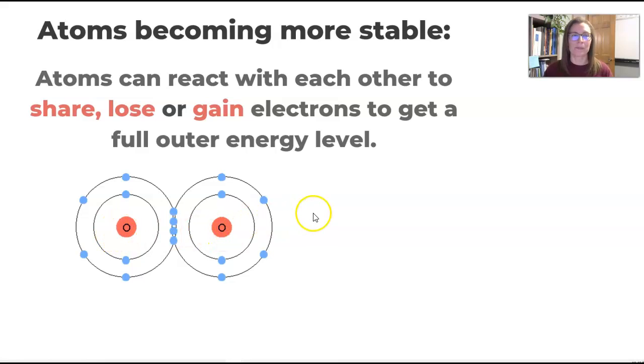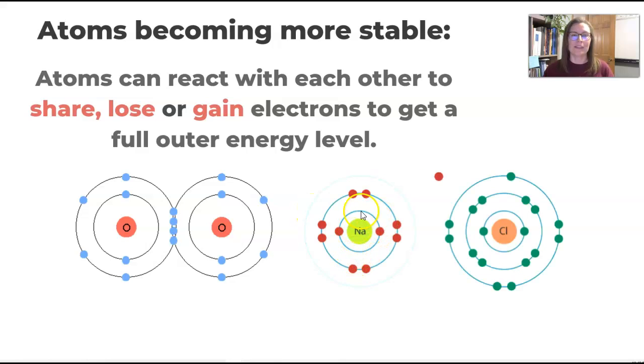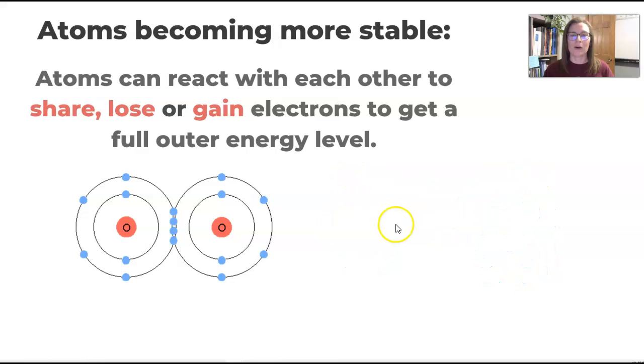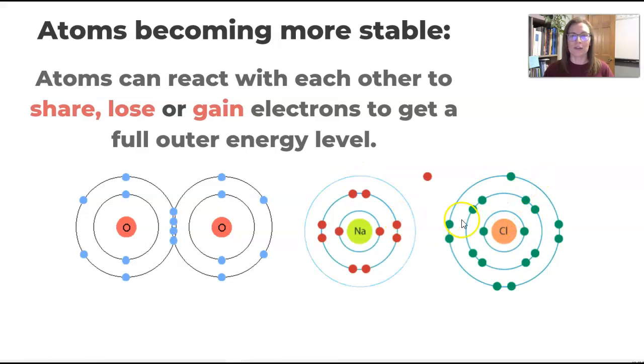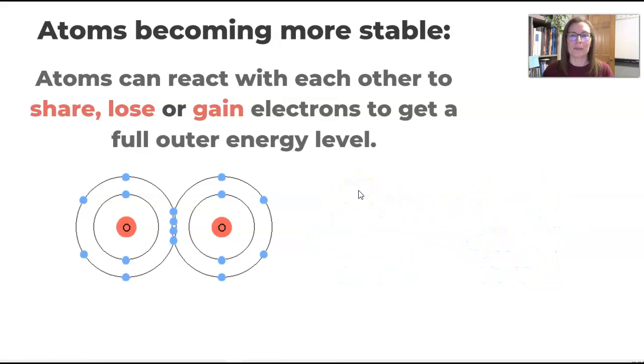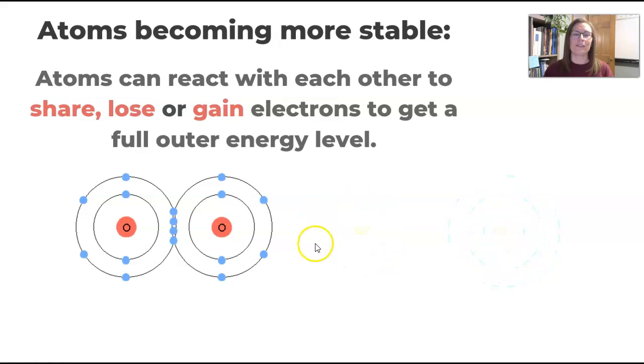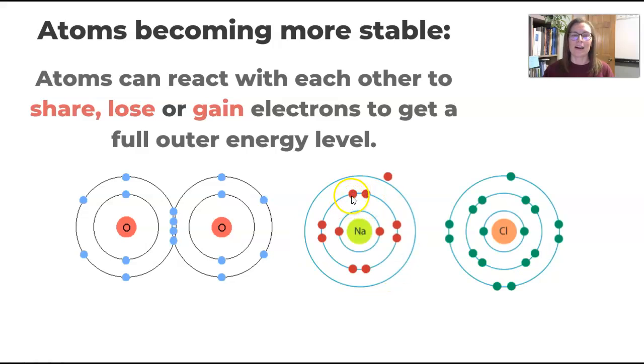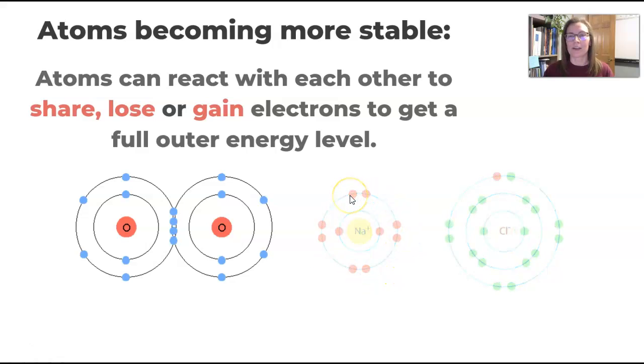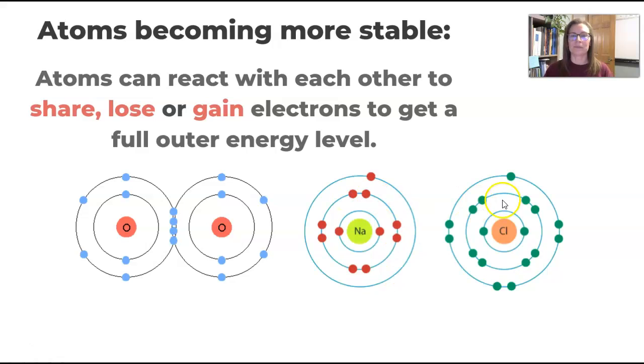Another thing that some atoms can do is they can lose electrons, like sodium is doing, or they can gain, like chlorine is doing here. So when sodium loses an electron, then you can see it reveals that the other energy level becomes the outer energy level, and now it's full.